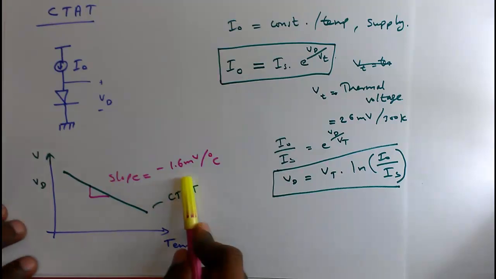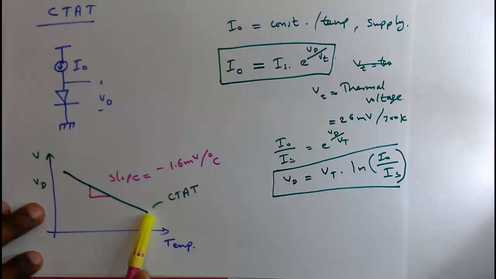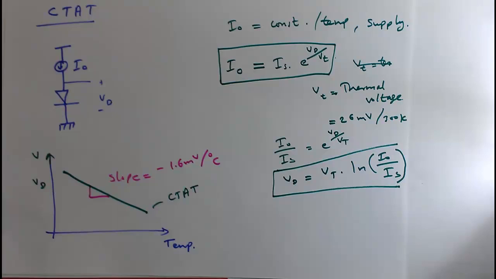This is not a fixed value, and this slope is not a fixed straight line. This is not an ideal straight line. There are variations in that, and we will come to that point later. But as a qualitative analysis, we can say the voltage across a diode will decrease with a slope of minus 1.6 millivolt per degree centigrade or per degree Kelvin, provided that a constant current is flowing through the diode.